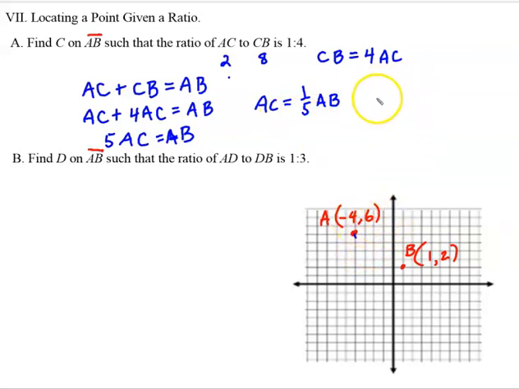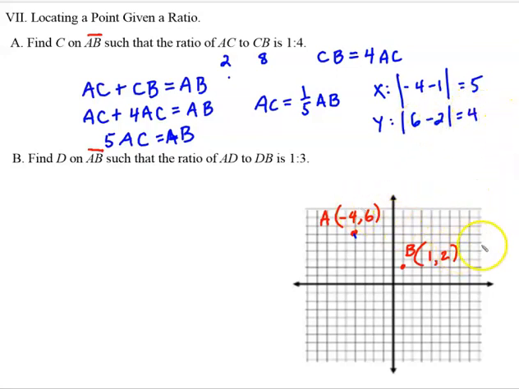So let's take the x coordinates. So -4 minus 1. And I'm running out of space, but that's the absolute value of -5, which is 5. All right, so the distance between the two x coordinates for the entire segment AB is going to be 5. And then the distance between the y coordinates, absolute value of 6 minus 2, is 4.